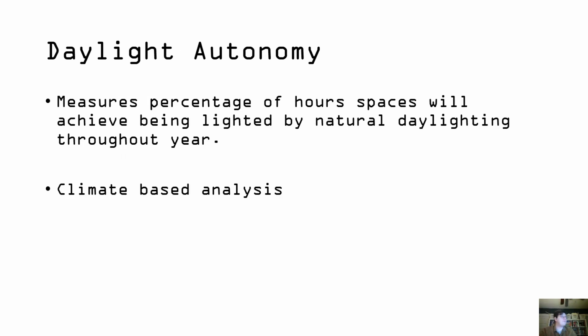Daylight autonomy is another metric or type of analysis that's really becoming more popular. It's becoming one of my favorites, maybe, because it measures the percentage of hours spaces will achieve being lighted by natural daylighting throughout the entire year, and it's also climate based.